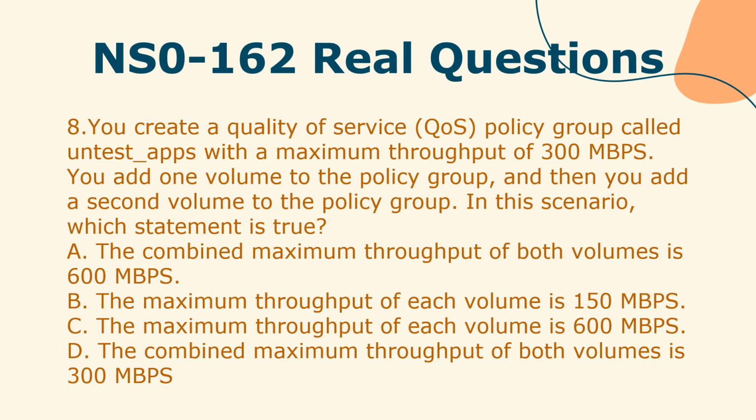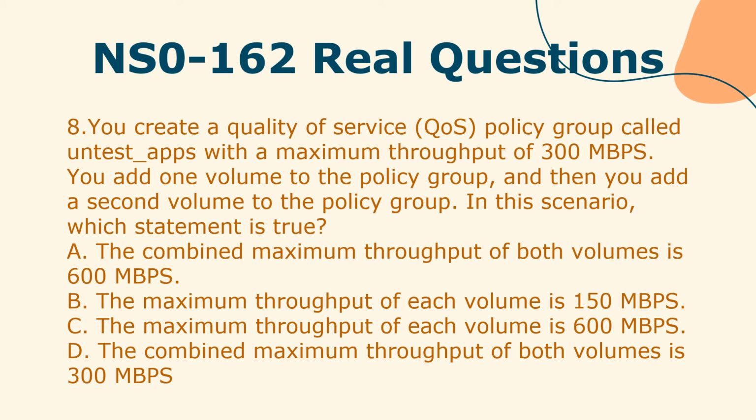8. You create a quality of service (QoS) policy group called untested_apps with a maximum throughput of 300 Mbps. You add one volume to the policy group, and then you add a second volume to the policy group. In this scenario, which statement is true?